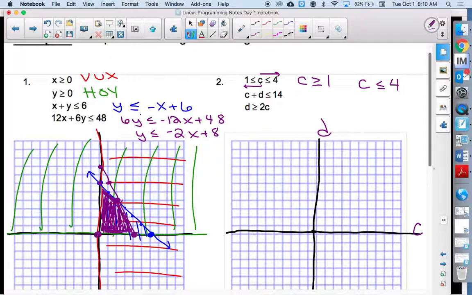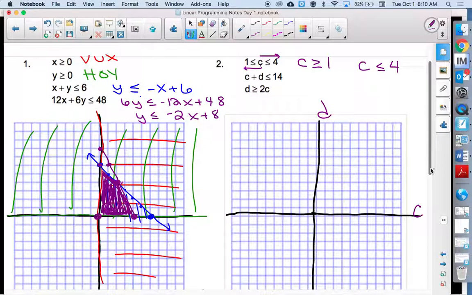So the compound inequality actually creates 2 separate inequalities. So going to my X or C, depending how you're thinking about it, we're going to the value of 1 on the C axis, and then we are making a vertical line. Remember, when it's X by itself, when your independent variable is by itself, it's a vertical line. The slope is undefined. And then on my C axis, I'm moving over to 4 and drawing another vertical line at the value of 4.